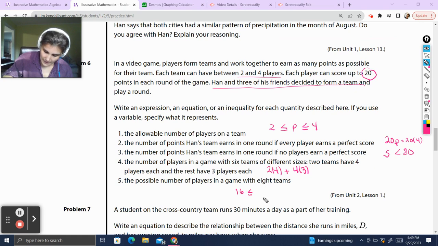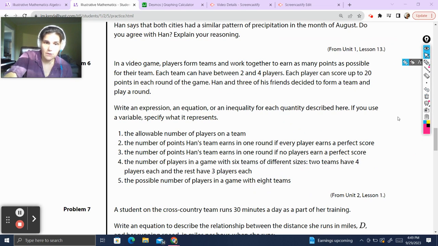And then the largest number of players would be if every team has 4 players, and 8 times 4 is 32. So the number of team players is somewhere in between 16 and 32, and we're not sure where it is, where team players is the total number of people playing.